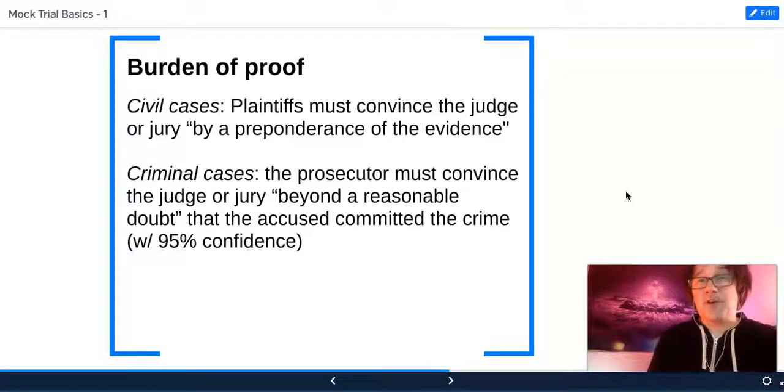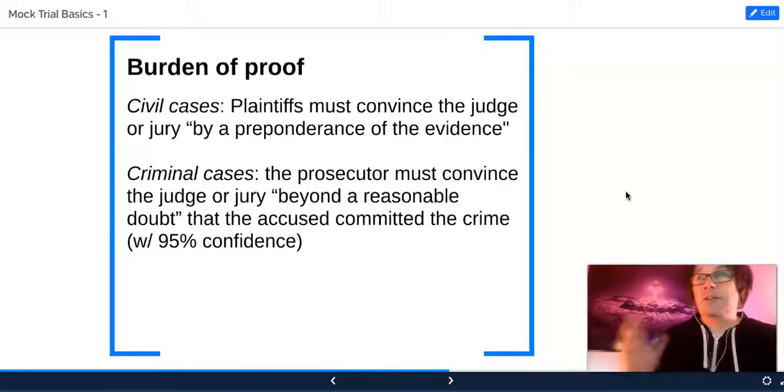In terms of burden of proof, what do the jurors need to meet in terms of their confidence when rendering a verdict? Well, for civil cases, plaintiffs must convince the judge or the jury by a preponderance of the evidence. This just means a majority of the evidence favors this side versus the other side.